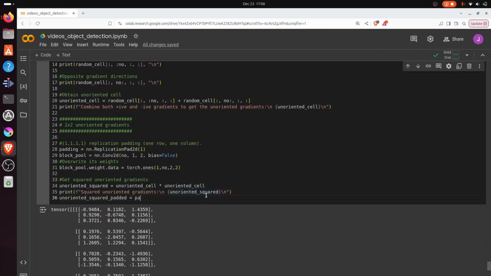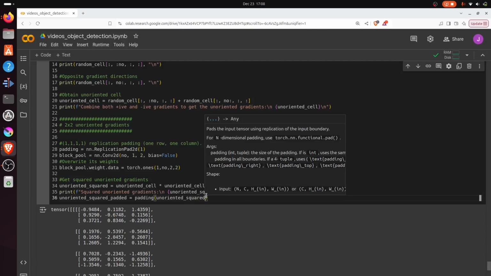Well, just by passing our unoriented squared through the padding.